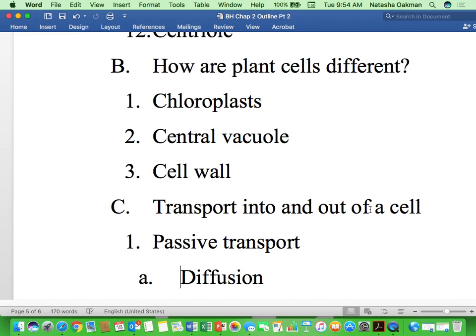So the movement of solutes from an area of greater concentration to an area of lesser concentration. And these solutes will continue to move until they reach equilibrium, so that there's an even distribution of the solutes.